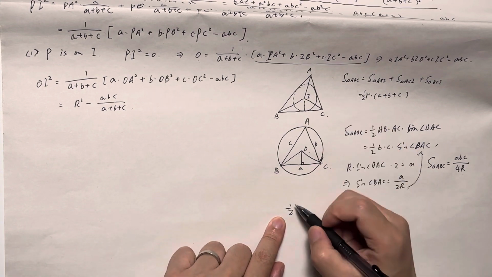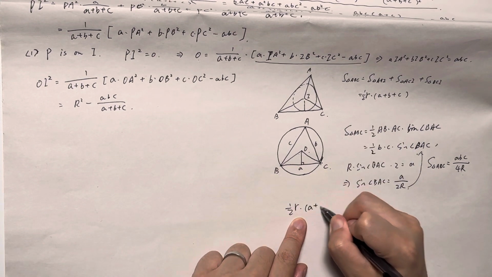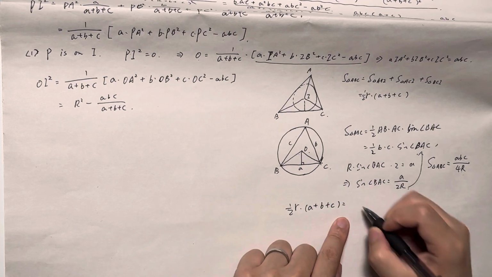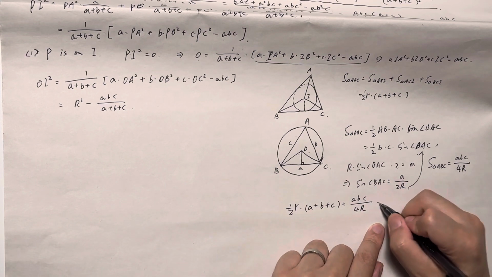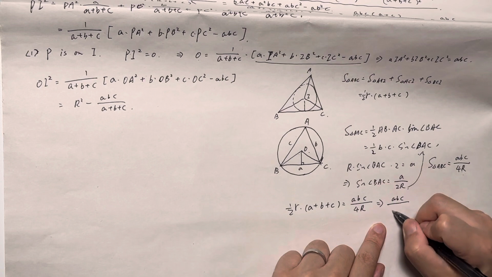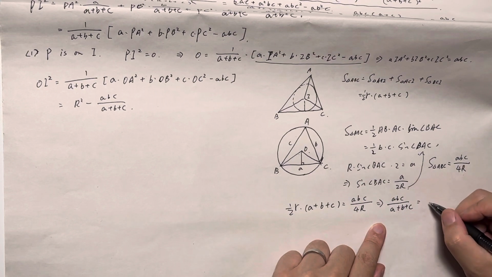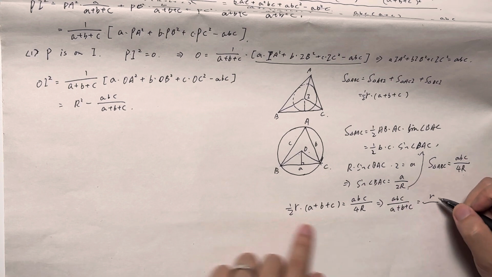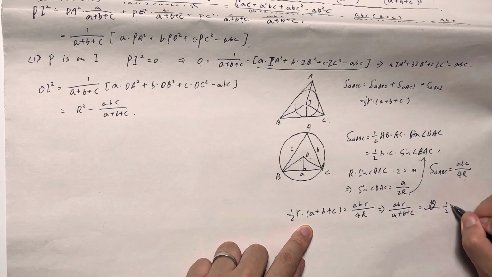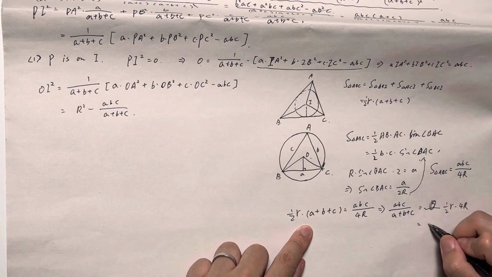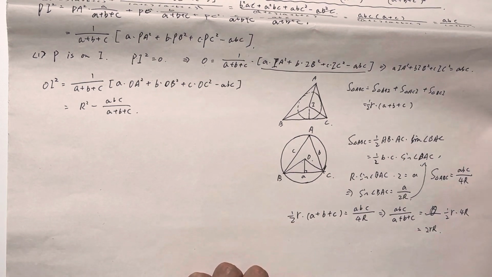So that means half r times a plus b plus c equals abc divided by 4R, which means abc divided by a plus b plus c equals half r times 4R, which equals 2Rr, right?